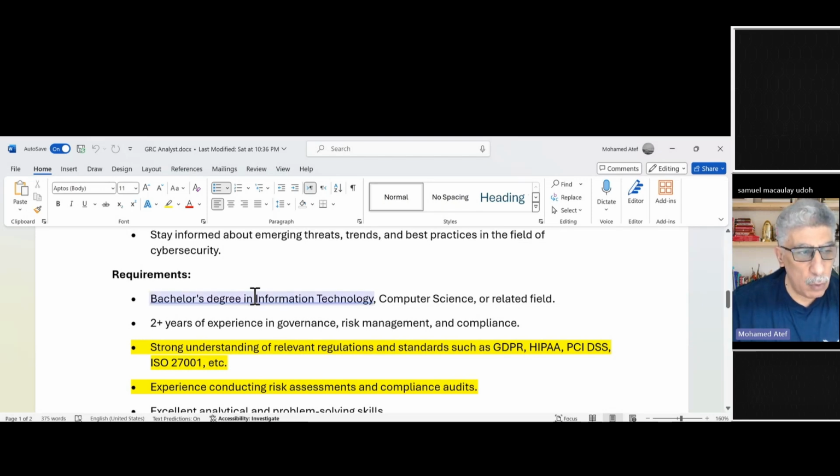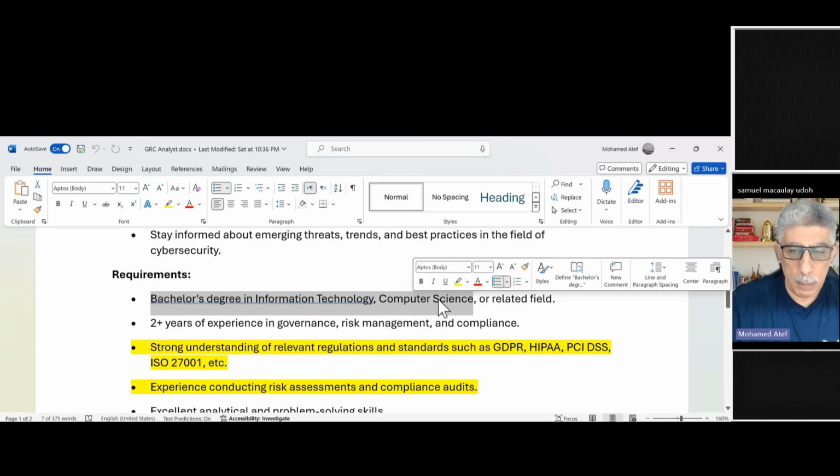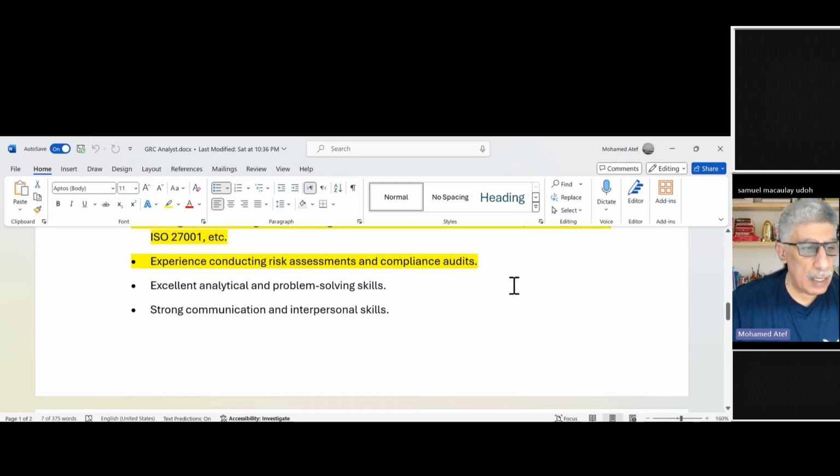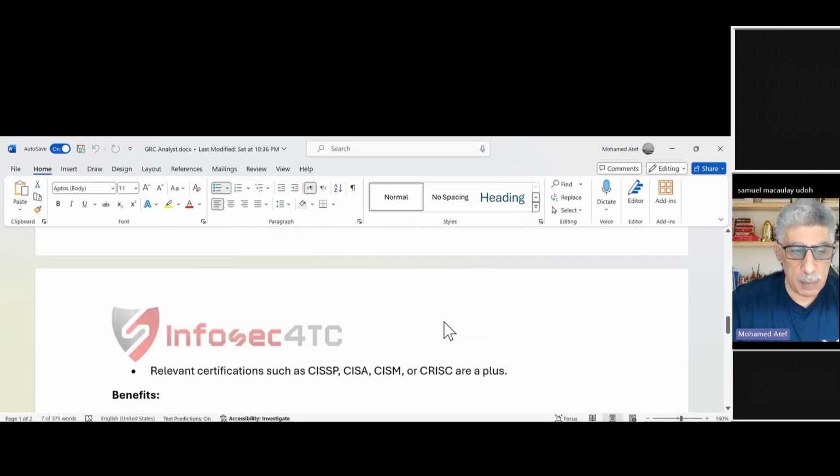Okay. Now, regarding the degree, honestly speaking, from my experience, it's not really mandatory. If you hold a degree that is not in IT or computer science, it's not really something that will affect finding a job or not. What will affect is the professional certificate. You need to get 1 or 2 professional certificates related to standards like CISA, CISM, CISSP, one of those certificates.